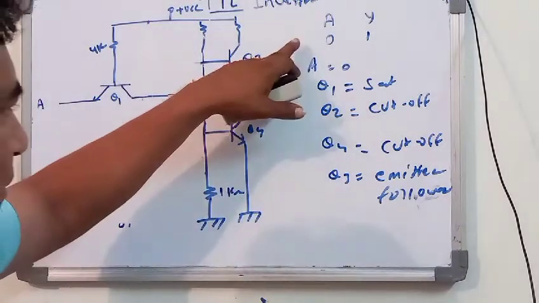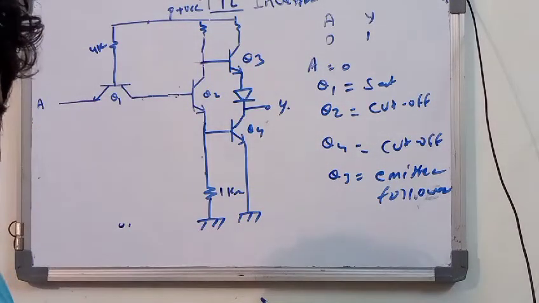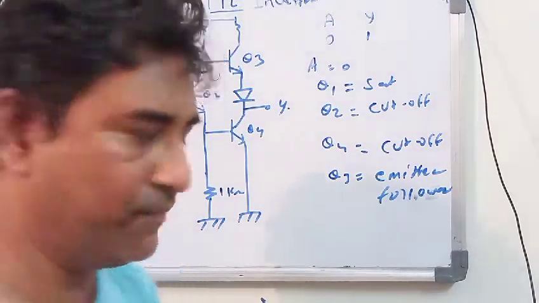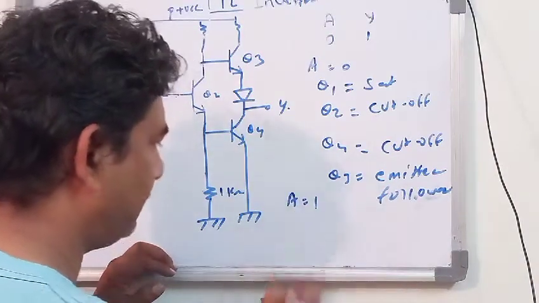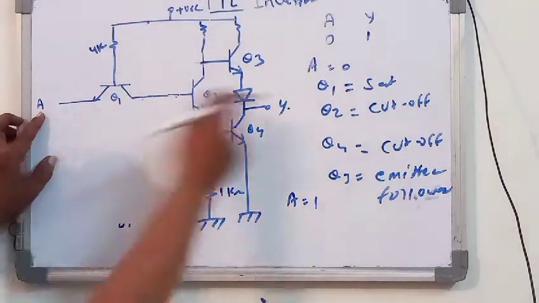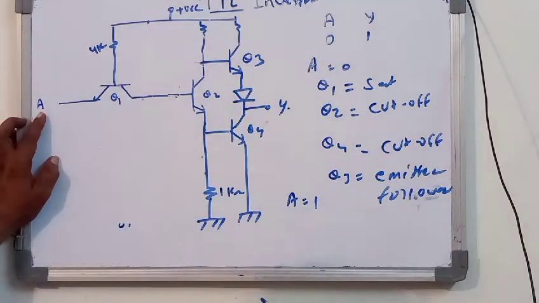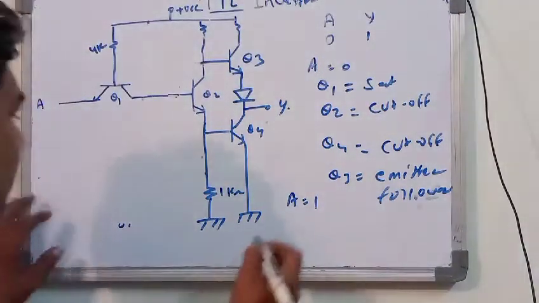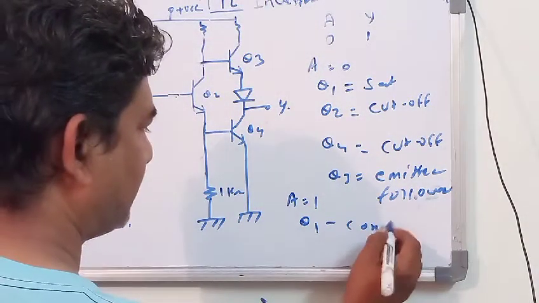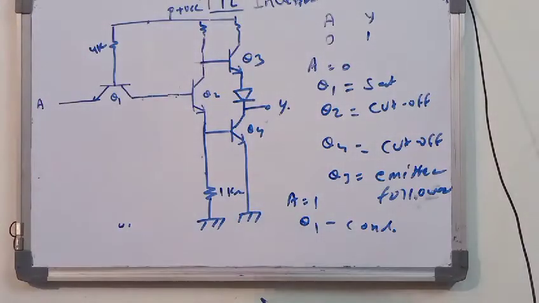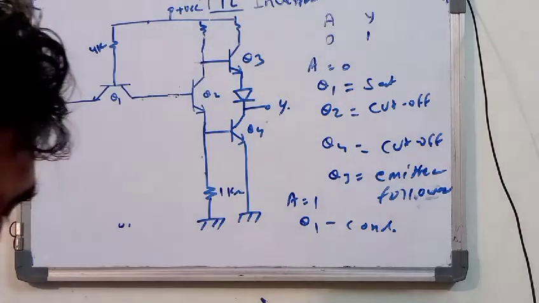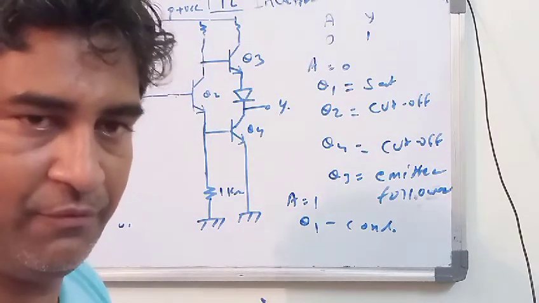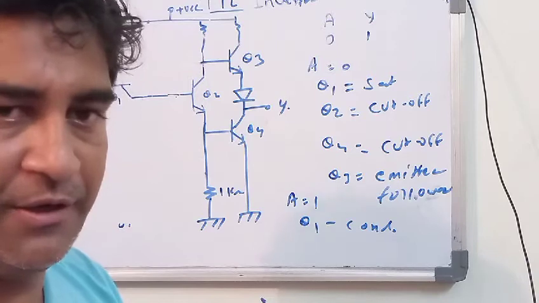Now the condition will be reversed. When A is equal to 1, Q1 will conduct, and the rest of the transistors, Q2, Q3, Q4, will be either saturated or in cutoff.